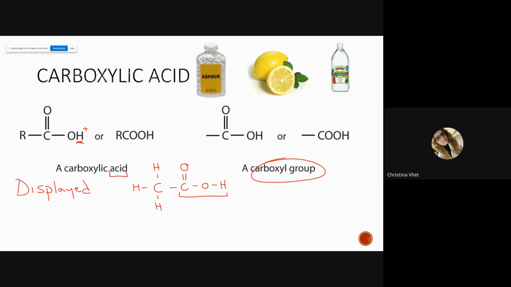So the displayed formula is like this. Pay very careful attention: Cambridge is picky. If you are asked for a displayed formula, you have to show every covalent bond. You are not allowed to write OH at the end without the line in between. If you just write the OH at the end with no line, they don't give you the mark.